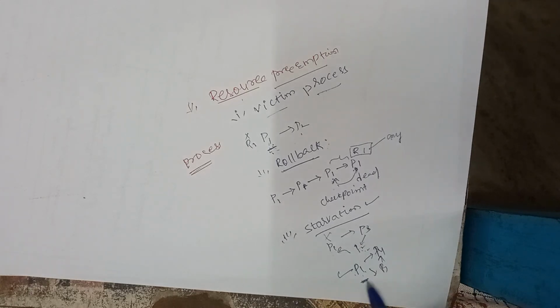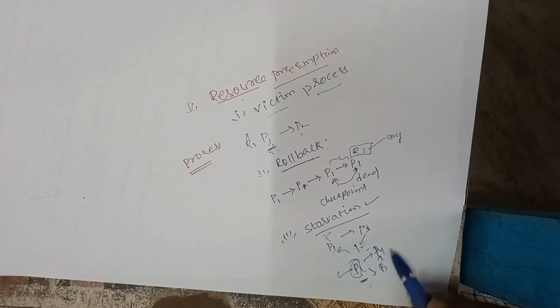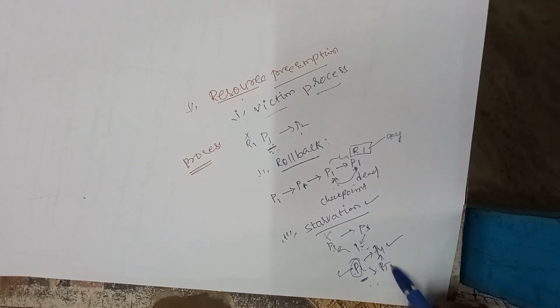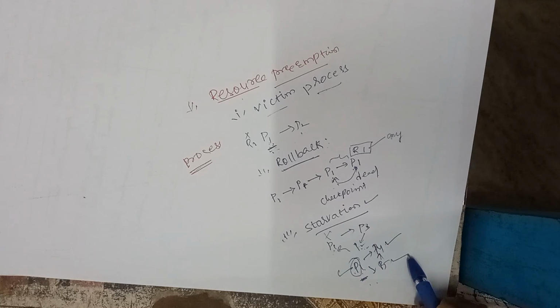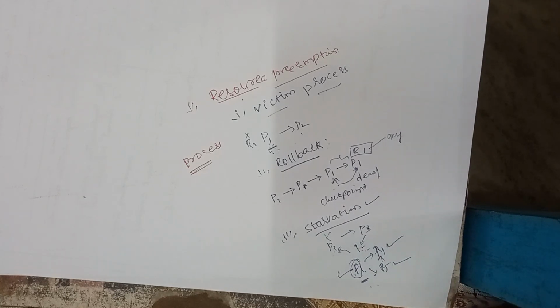So every time, we should not starve the same process. That means if the last time we removed the resources from P1, now take the resources from P4 or from P5. That means the same process should not starve every time. That we call starvation.